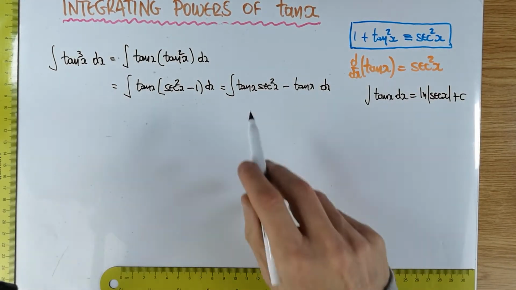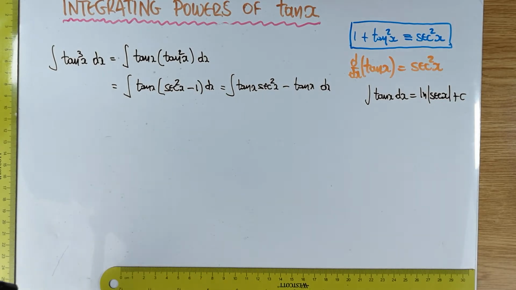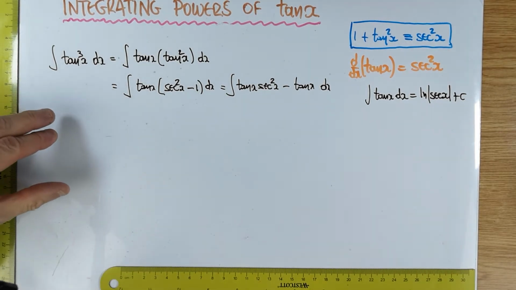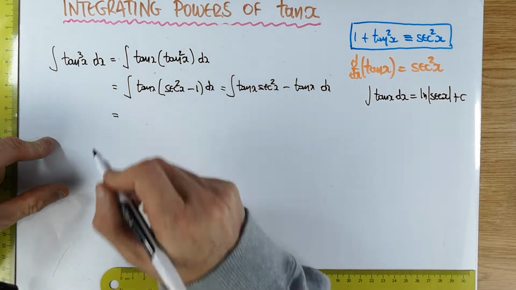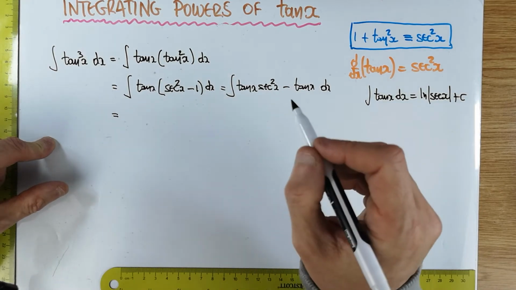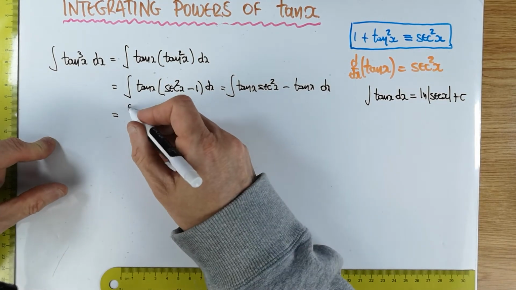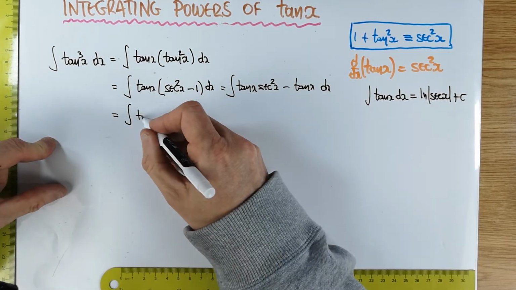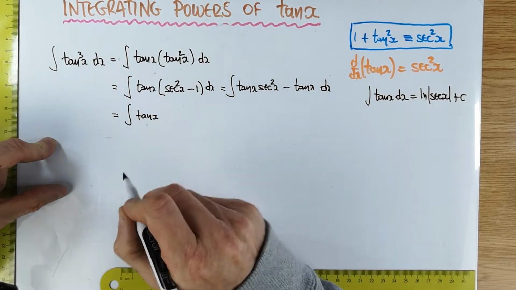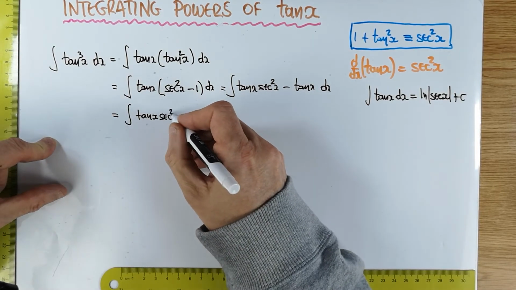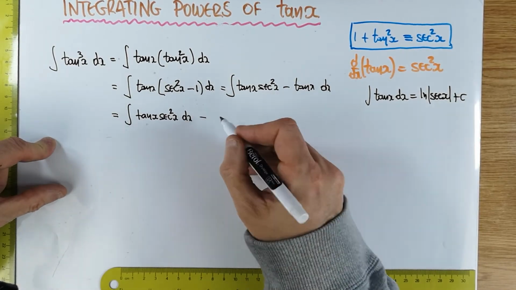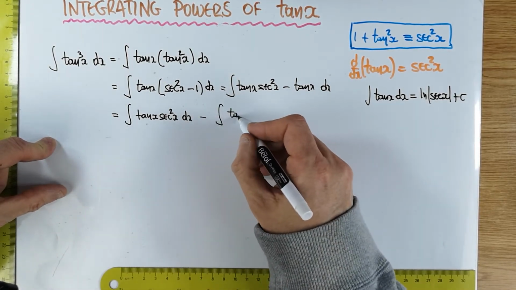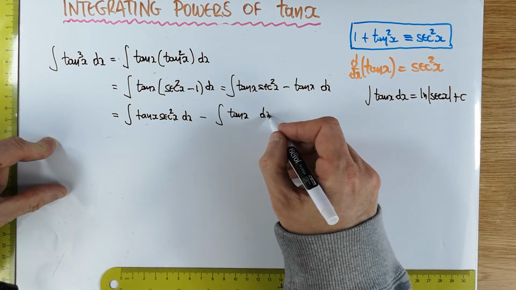Now the question is what happens to this particular one. By the time we hit tan cubed, we're a little bit more advanced. We should be able to do this by recognition. So let me just write the answer. I'll put an extra line just to show you something. I can split this integral into the integral of tan x sec squared x dx, so that's this bit here, minus the integral of the tan of x dx.